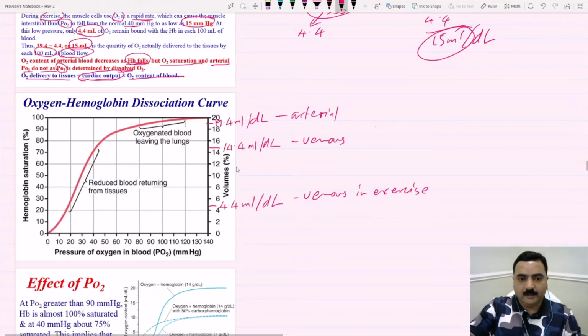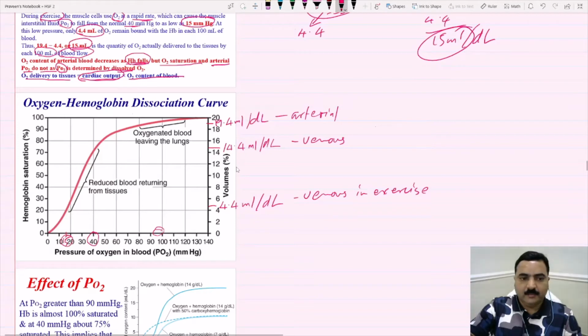In the arterial blood, what is the approximate partial pressure of oxygen? It is around 95 or in the 90s. In the venous blood, it is around 40. In the venous blood during exercise, it is around 15.